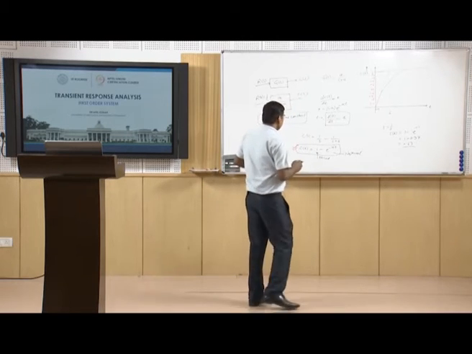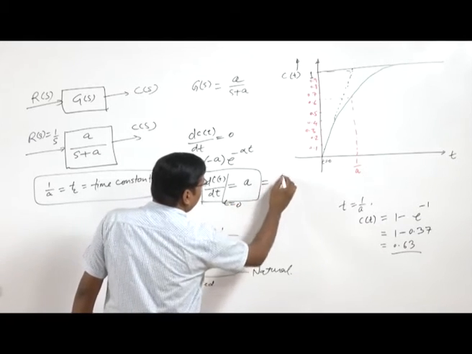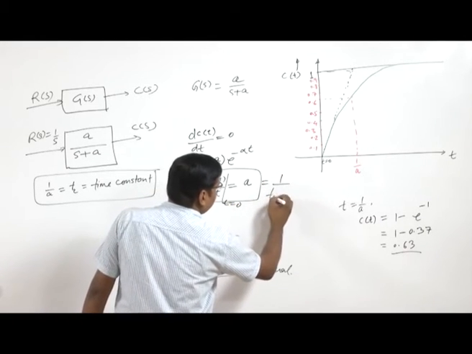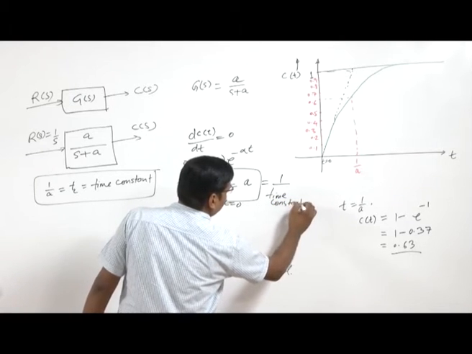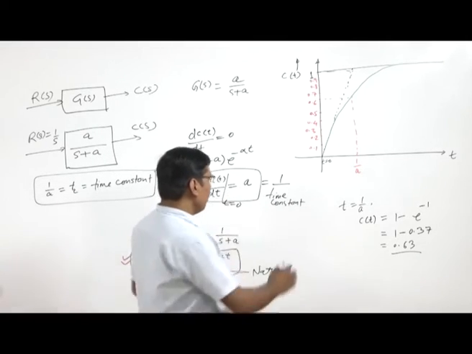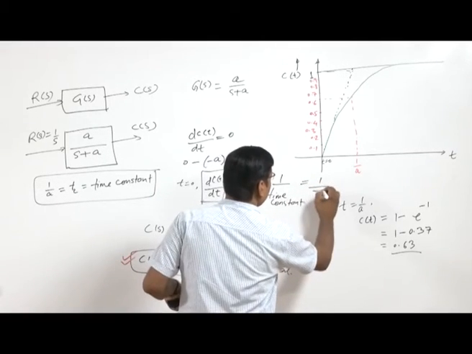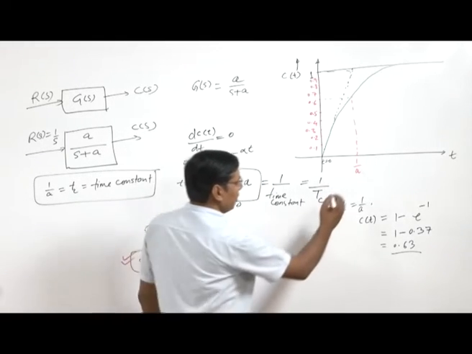So, we can see that the initial slope is equal to 1 upon time constant, because this is 1 by Tc, this is equal to Tc.